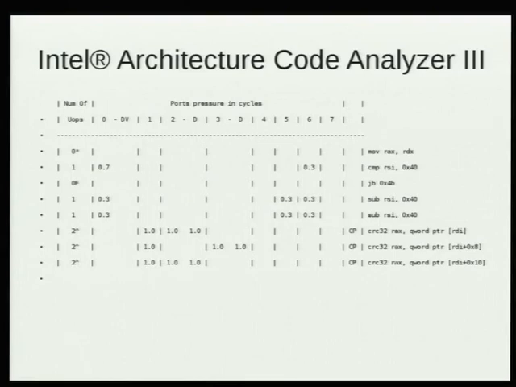Basically it tells you how long each port is stalled, and which instructions get fused into one instruction. So you can try to reshuffle the assembly code a little bit, so that you have fewer micro-ops, or reduce the pressure on port 1.